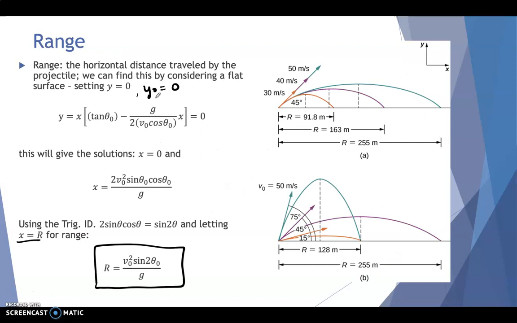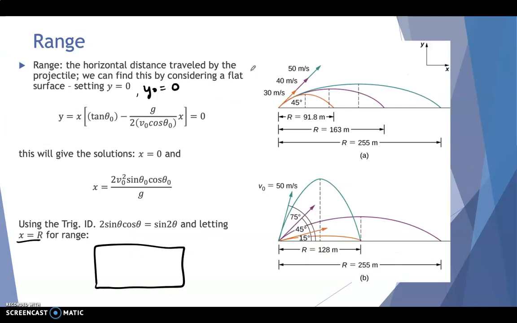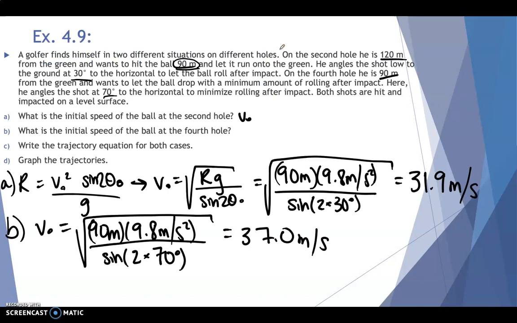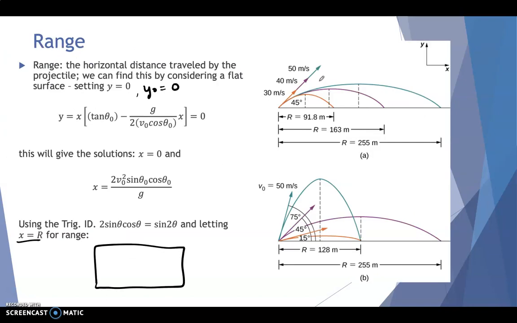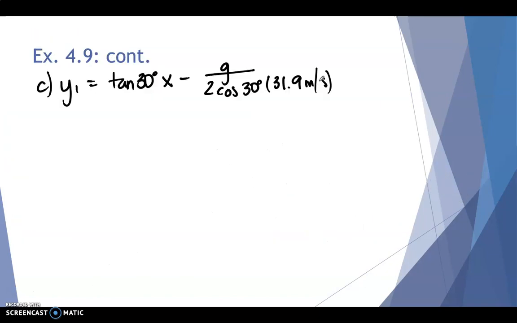Yes, minus g over 2 cosine, sorry that I'm going back and forth, cosine 30 degrees, and then v naught, which we found was 31.9 meters per second in this case. And I think that is it. Yes, I believe so. Yes, okay. Times x squared.